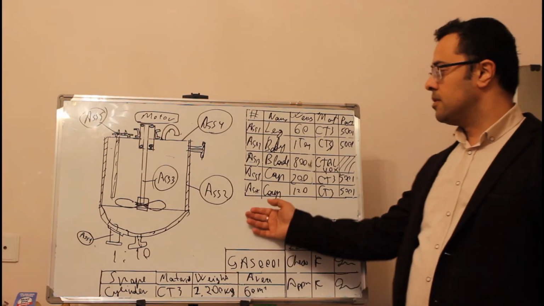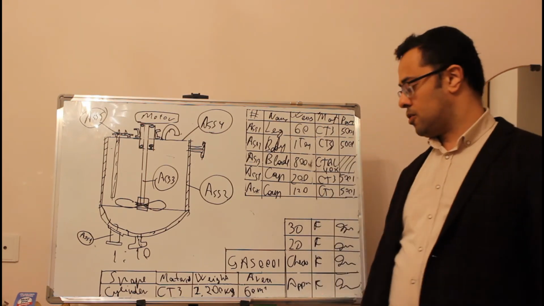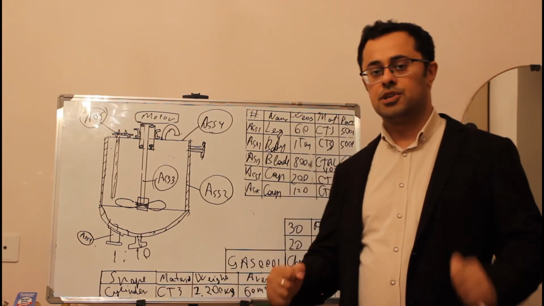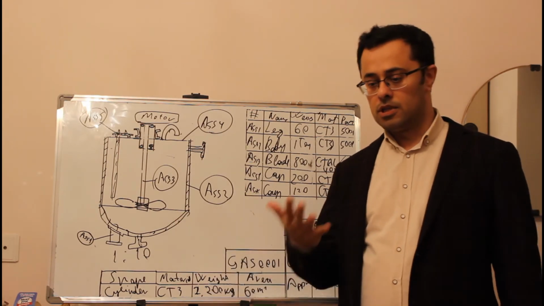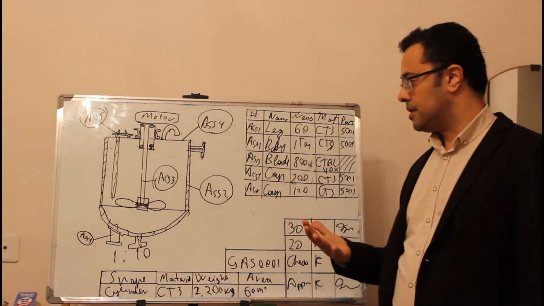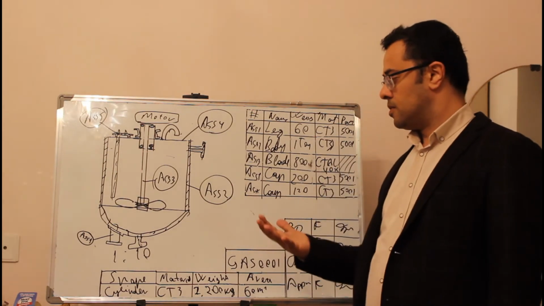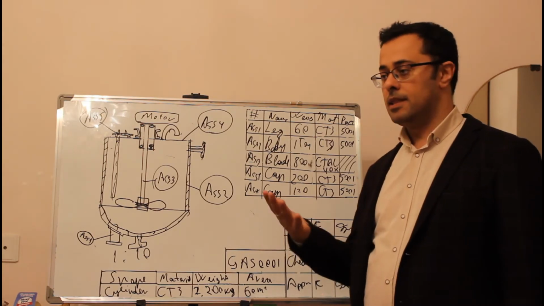So by looking at it, now I'll show you what the production guys face when they see your drawing. They look at it and say, okay, great job. Assembly number 1, leg.